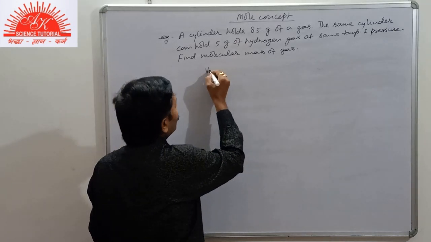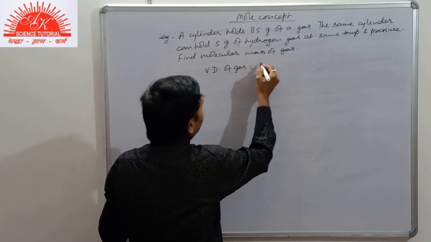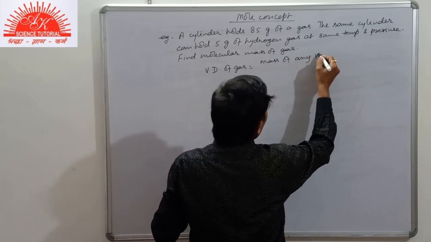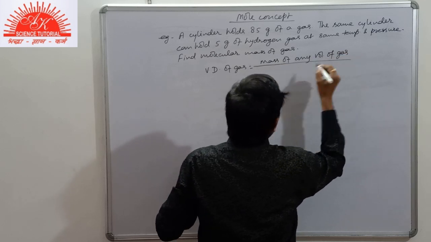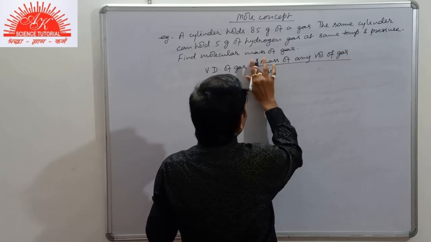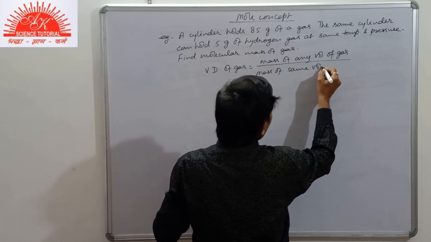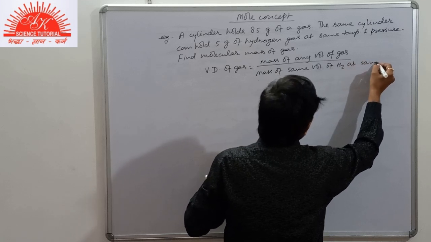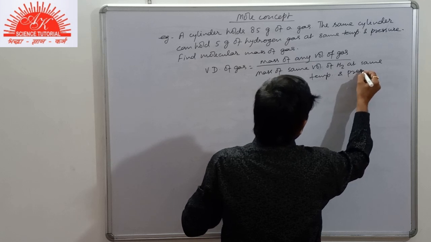Vapor density of the gas is equal to the mass of any volume of gas divided by the mass of the same volume of hydrogen at the same temperature and pressure.